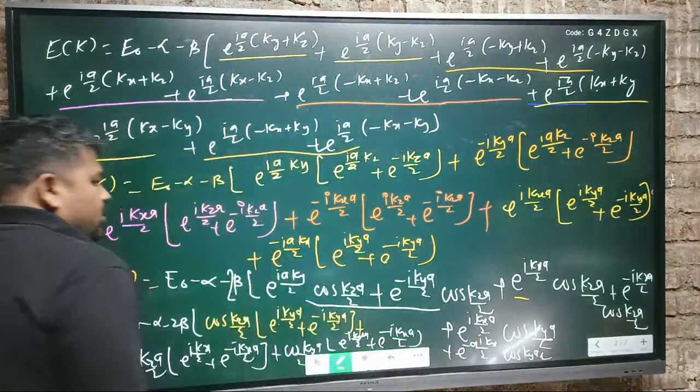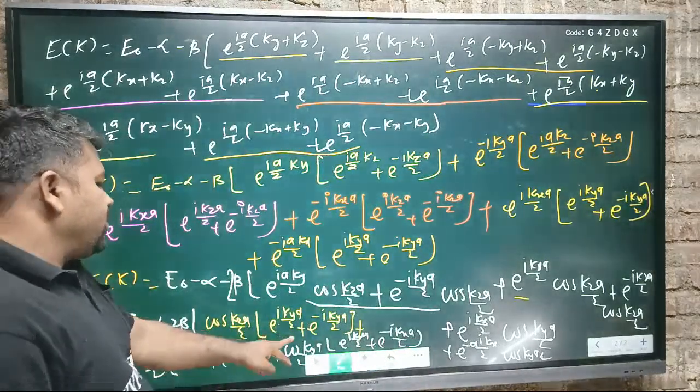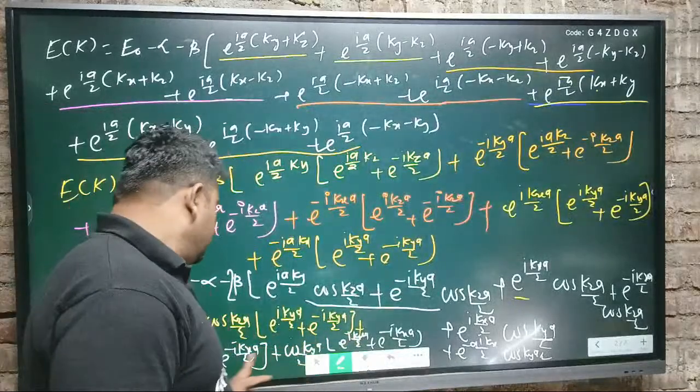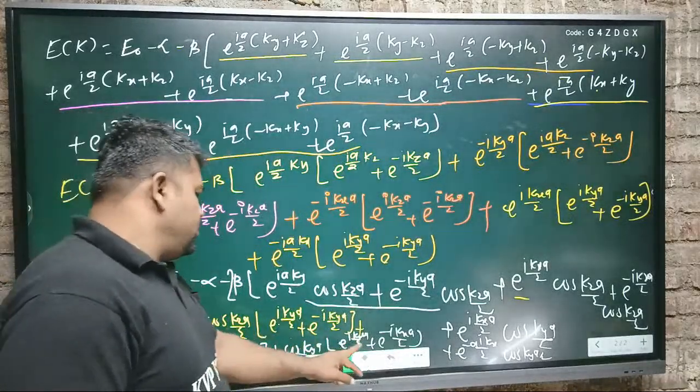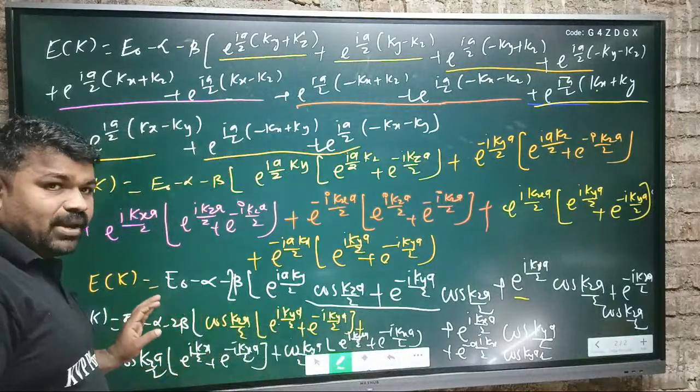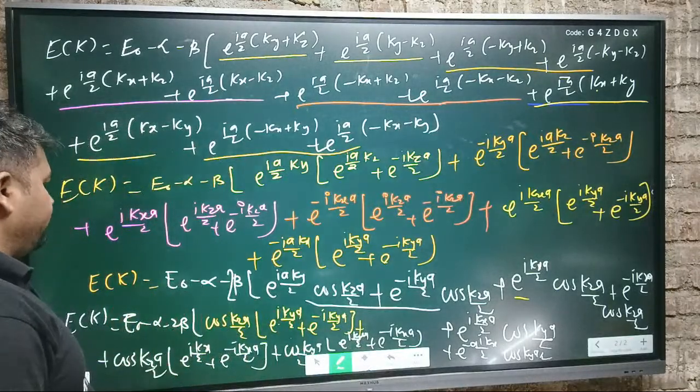Okay, again for this term we can divide by 2, multiply by 2. Here also we can divide by 2, multiply by 2. Here also divide by 2, multiply by 2. Means simply we can multiply by 2 and divide by 2. Yes or no?